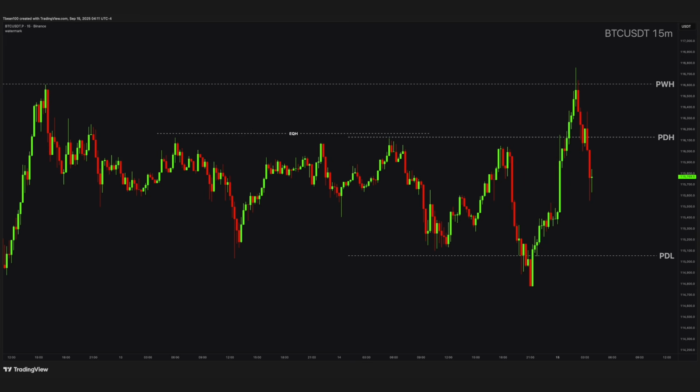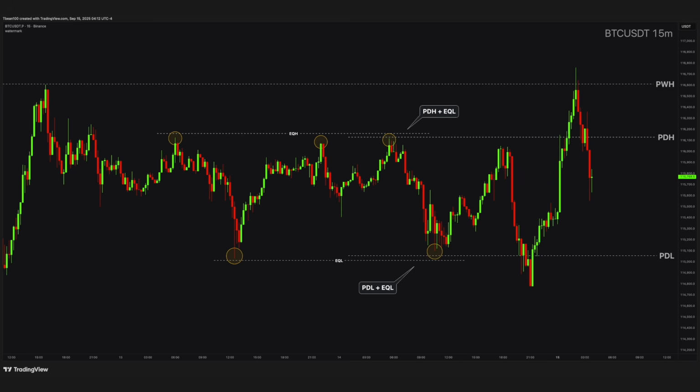At the top, we also have these equal highs forming together with the PDH, creating a clear point of interest. And down below, we can see the PDL combined with the equal lows, giving us another strong level to watch.